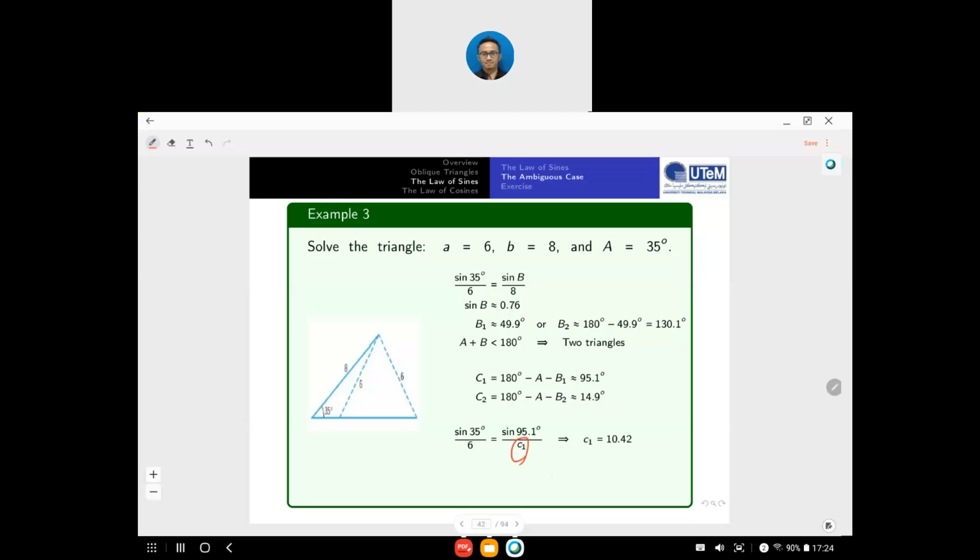So you get c1 equal to 10.42 using the first C, 95.1. And then to find c2, we use 14.9. So we get c2, which is 2.96. So that is the solution.